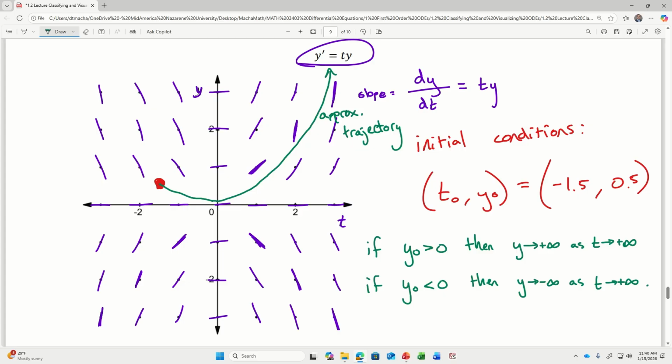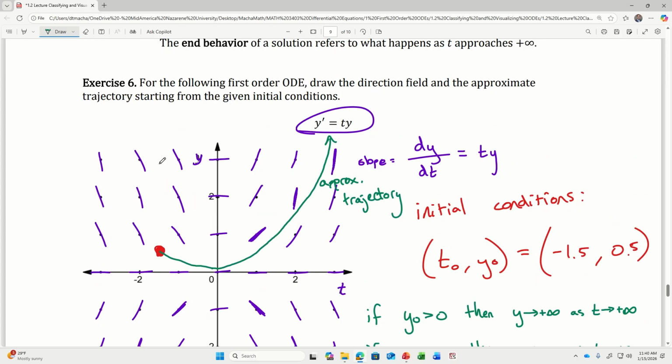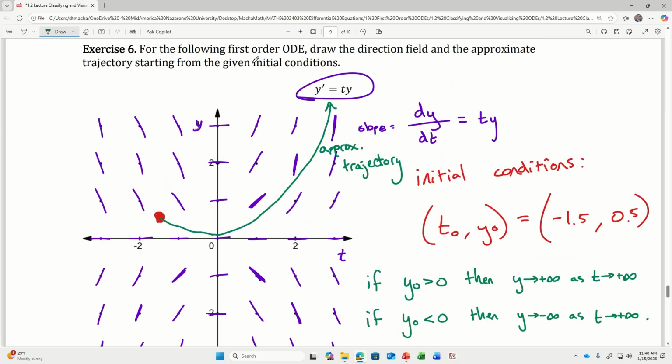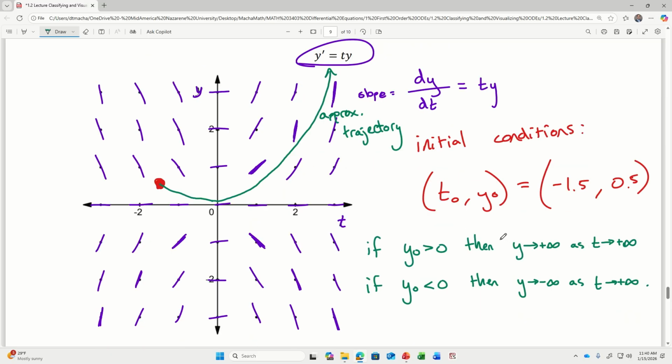So that's what your solution should look like to questions that look like exercise 6. For the following first order ODE, draw the direction field and an approximate trajectory starting from the initial conditions. Oh yeah, I guess you don't even need to say anything about the end behavior if the question doesn't ask you for end behaviors, right?